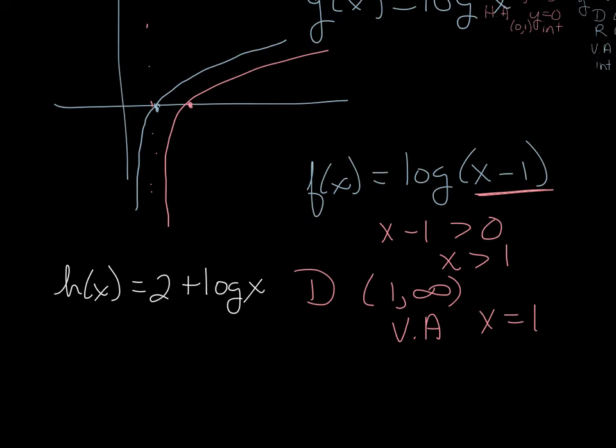So if I take that blue graph and move everything up 2, my intercept's going to change. Let's see if we can figure out how we would find out where that intercept is. Does the domain change? The domain won't change, but everything shifted up 2, and because everything shifted up 2, my intercept changes.